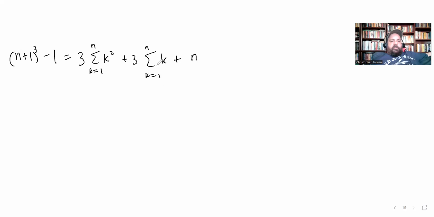We actually already know a formula for the sum of the first n integers. We derived that in the chapter, right? So this would be n plus 1 cubed minus 1 equals 3 times the summation of k squared, plus 3 times n times n plus 1 over 2, plus n.